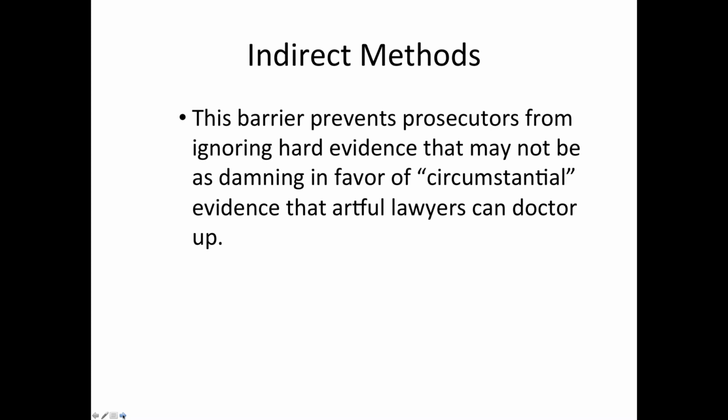And yet, if they have the hard evidence, and if they have a direct method, it's their obligation to rely on that and not to fall back on circumstantial evidence. So this is basically the court holding the government's feet to the fire and insisting that they comply with the rules before the judge allows them to use the circumstantial evidence.